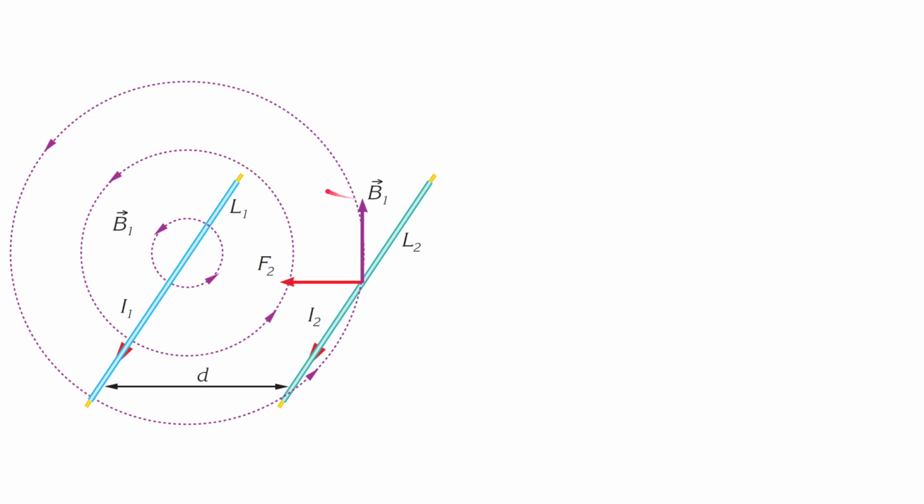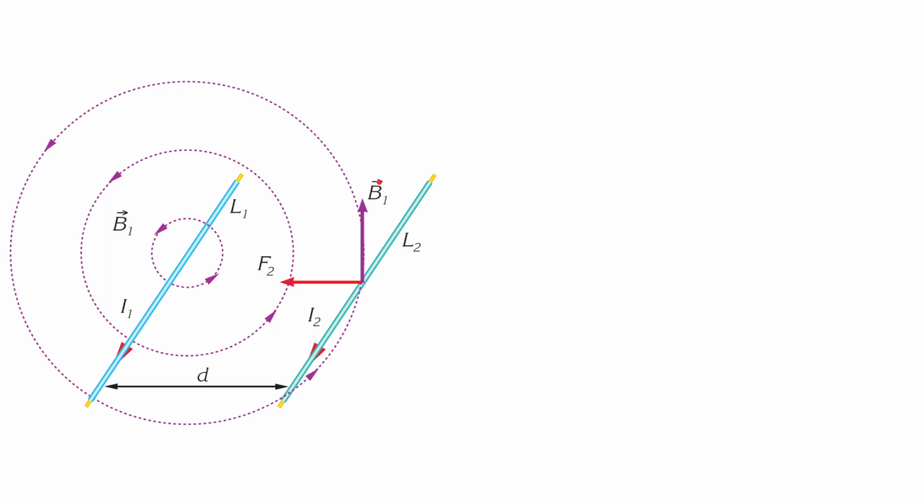Wire 1, which carries a current of I1, produces a magnetic field of B1 at the position of wire 2. The direction of B1 is perpendicular to wire 2.